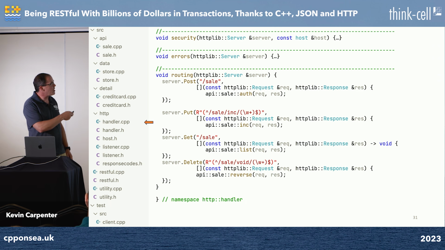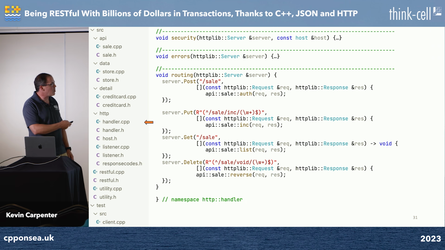So you literally are taking the server plus the verb, the pattern that you want matched, and then what is roughly a handler, a std function. In this case, we're using lambdas just because it's nice and we find it a tight way. But with it being a std function, you could actually do so much more with it. So in this case, if we get a post to a sale, then the parameters that we end up with are this HTTP request and response.